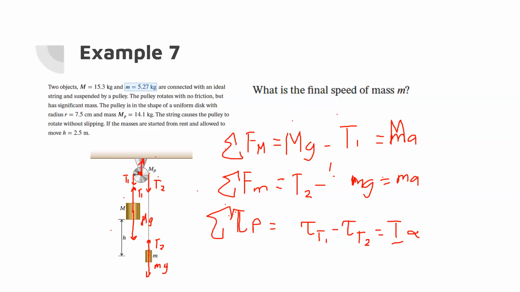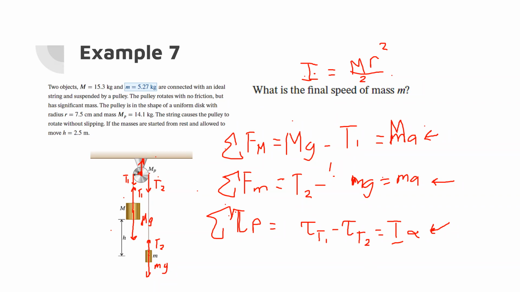Okay. And these are about as simplified as I can make them, but I can simplify this more if I know, since I can look up, or if I have written down, that the moment of inertia for a pulley, this one says a uniform disk of radius r, is the mass times the radius squared divided by 2.